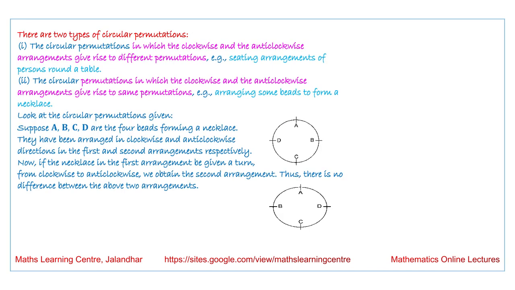Next, we are saying that we have two types of circular permutations. The first kind is one in which the clockwise and anti-clockwise arrangements give rise to different permutations.